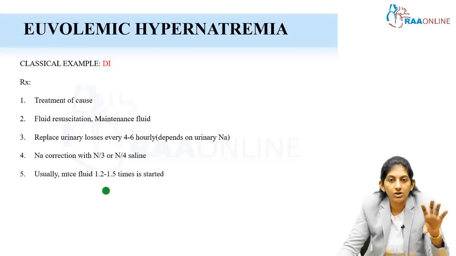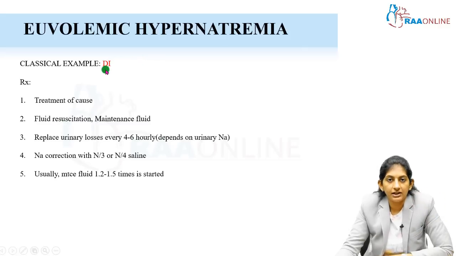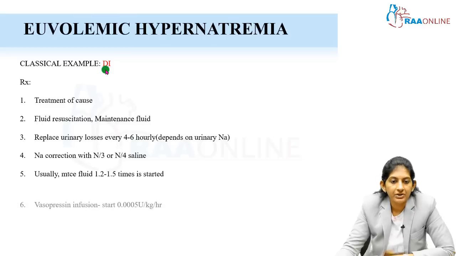This is enough for euvolemic hypernatremia, and whatever losses are present, you are going to replace. If there is a need for resuscitation, you are going to replace the fluid resuscitation. And of course, if there is DI, the treatment of central DI or nephrogenic DI should happen accordingly.